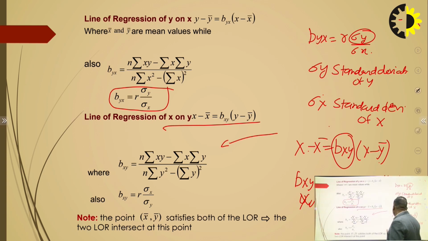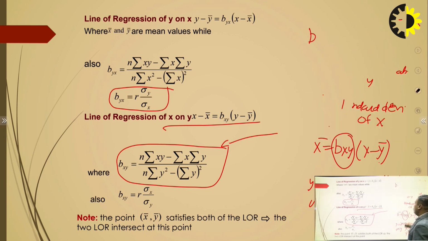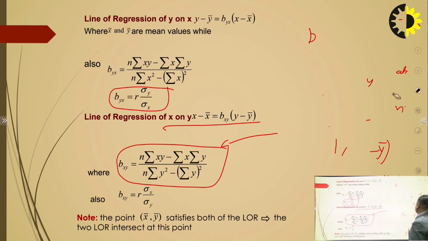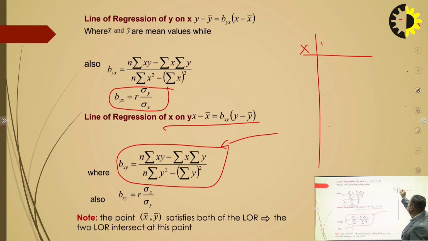Similarly, the regression coefficient of x on y has the relation bxy is equal to n summation xy minus summation x summation y, divided by n summation y square minus summation y whole square. Here the terms x and y are given.